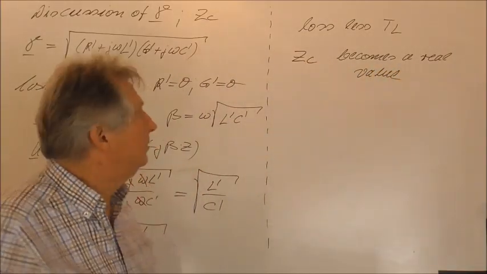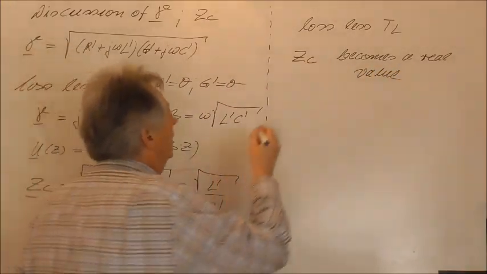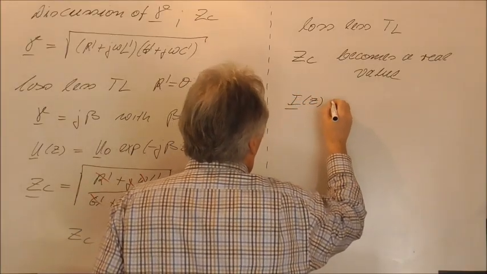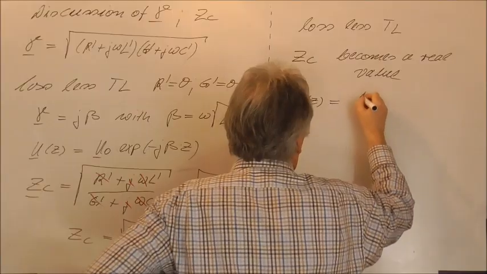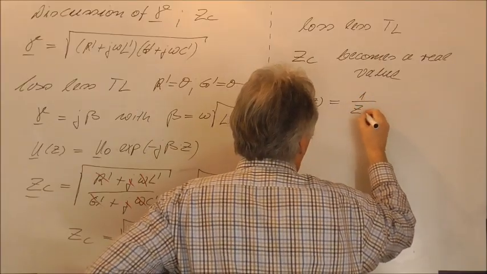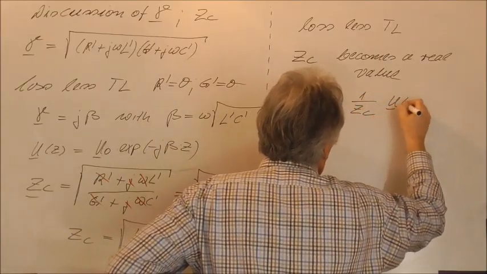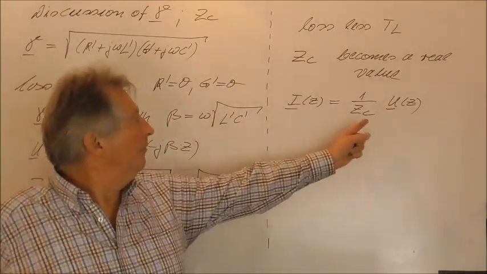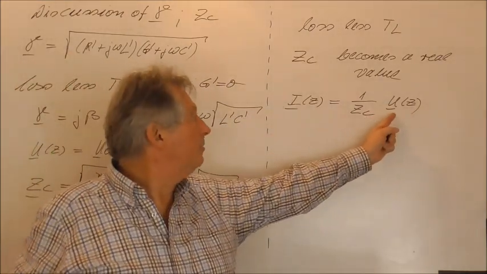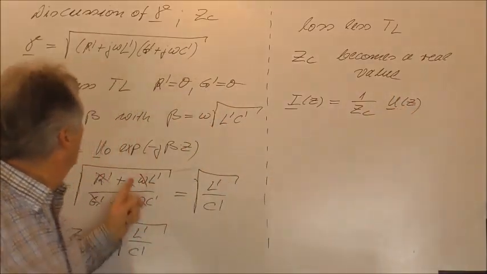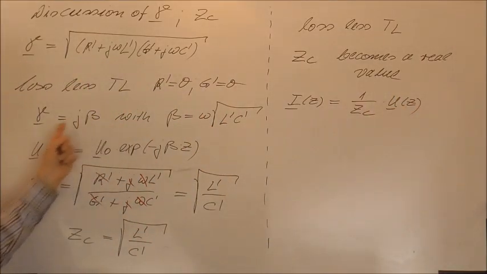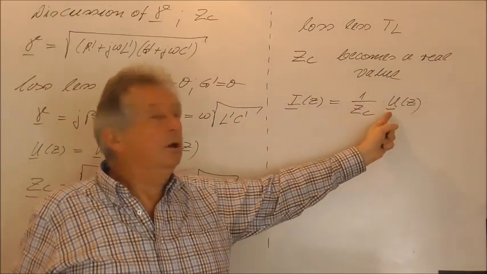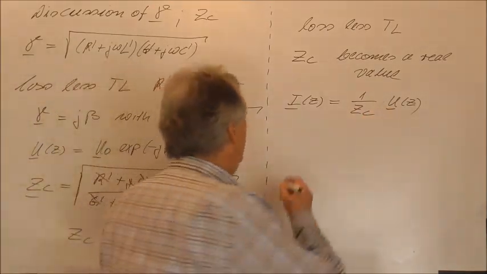And thus we can say that I of z will be equal to 1 over Z_C times U of z. So we see that if I have chosen a complex valued function U of z, according to this equation, the current I of z and the voltage U of z are in phase.